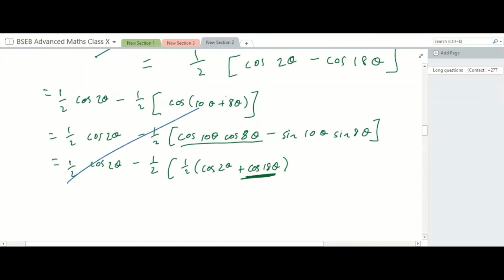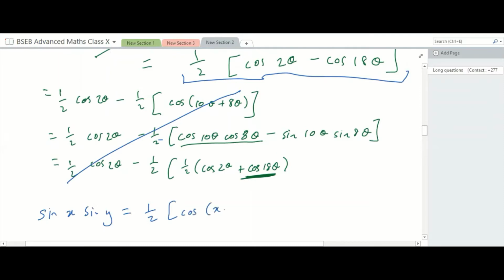Let's take this out and work with this. So we know what the expansion for sine x sine y is, which is equal to half into cos x minus y minus cos x plus y.